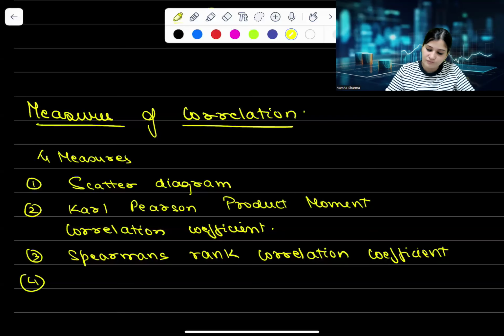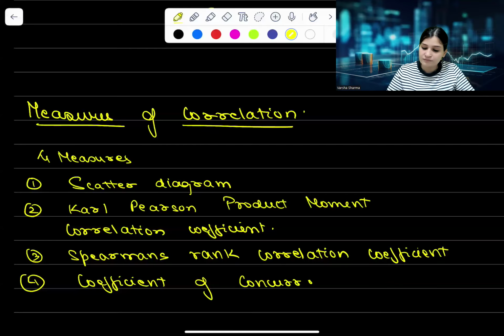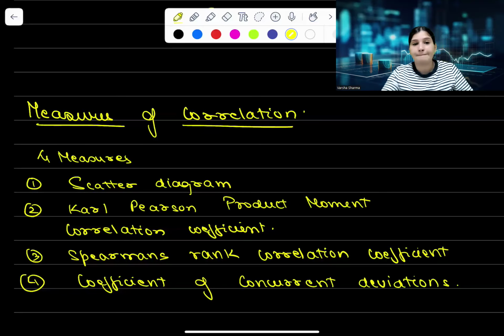And fourth, coefficient of concurrent deviations. The little longer one is the second one. First is theory only. Third and fourth are very simple formulas. Second one is a little larger formula.